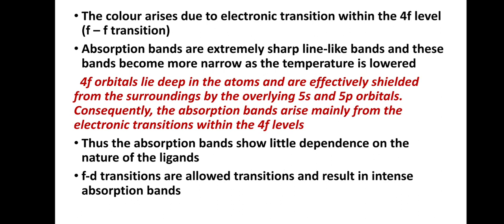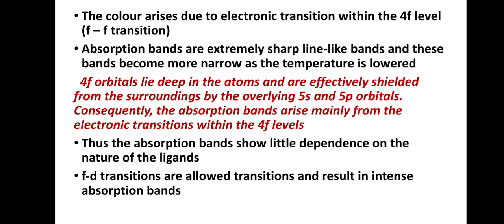The ultimate reason behind these sharp line-like bands is that the 4f orbitals, which are the main valence shell considered with reference to these lanthanide elements, lie deep in the atoms and are effectively shielded from the surroundings, that means the ligands, by the overlying 5s and 5p orbitals.